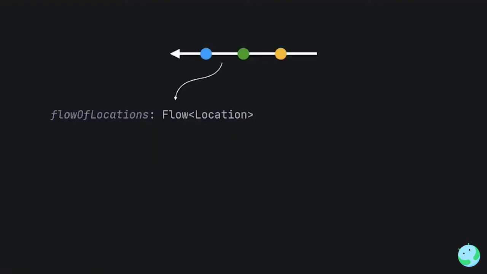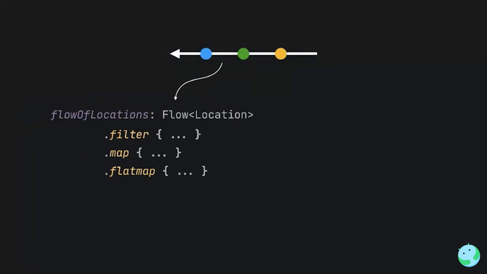Suppose you had a flow of Location type, for example. Location could be a data class with latitude and longitude. It doesn't really matter. In your application, one of the benefits Flow provides is the ability to get the data in the stream and manipulate it with filter, map, and flatMap to process it. So you may do some of this work in your application depending on your use case.